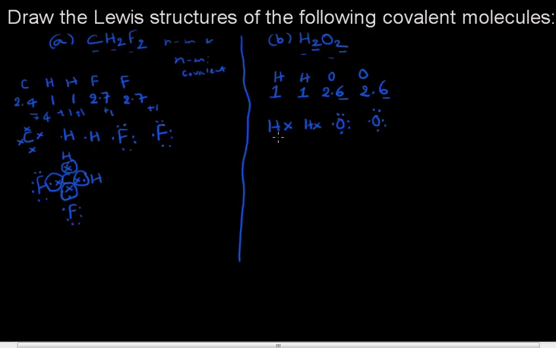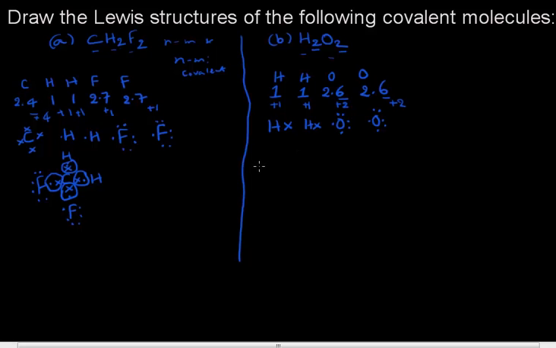So hydrogen needs just 1 more electron to become stable, whereas oxygen has 6. So hydrogen needs 1 each, whereas each oxygen atom requires 2 more electrons to become stable.